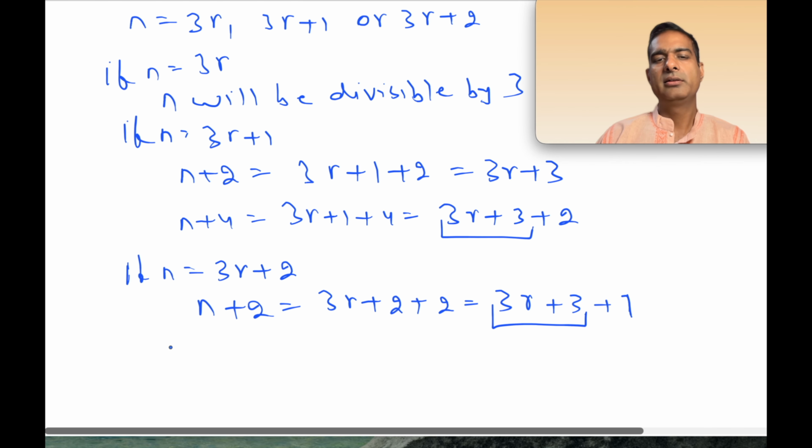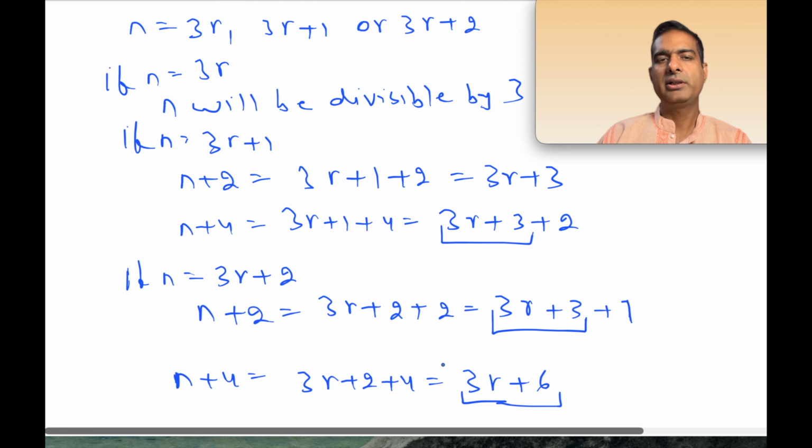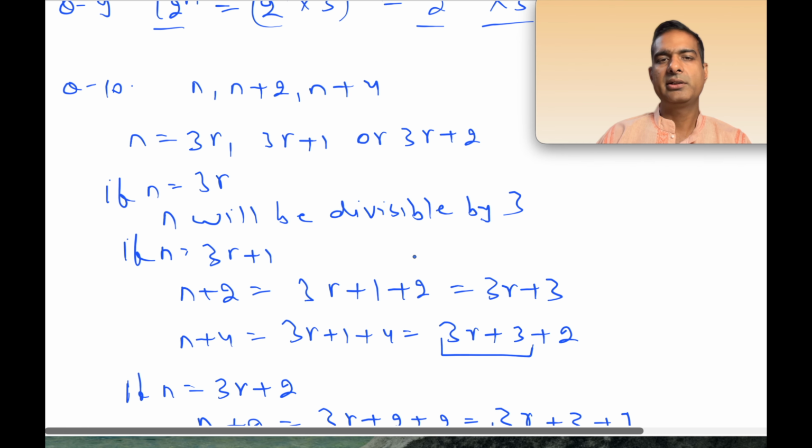Now if we see n plus 4, that will become 3r plus 2 plus 4, so that is 3r plus 6. Now 3r and 6 both are multiples of 3, so n plus 4 will be divisible by 3. So we saw that if n is any positive integer, then out of n, n plus 2, n plus 4, only one of them will be divisible by 3.